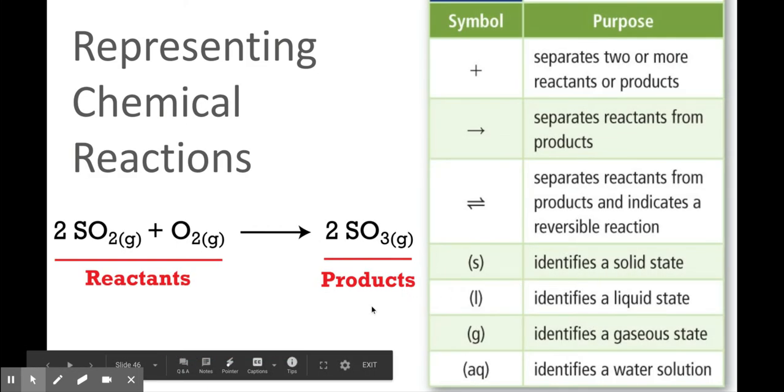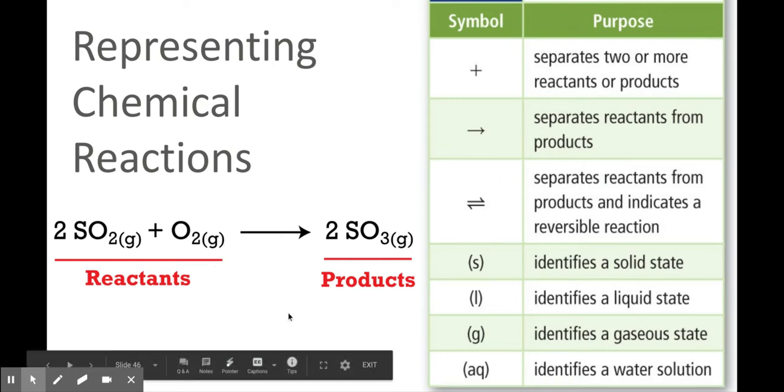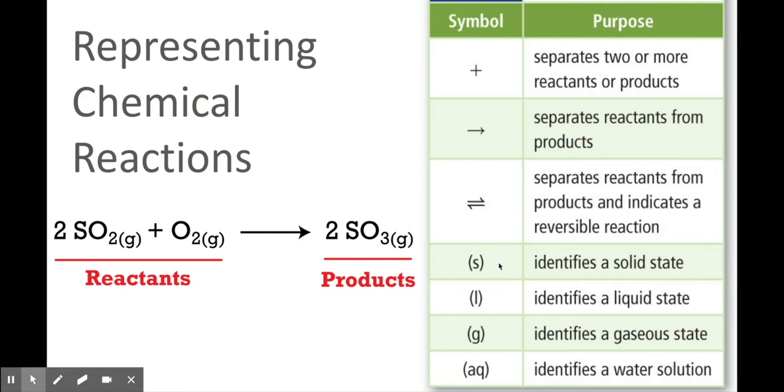Now, some other things to note. You will also see sometimes, not everybody does this and they don't do it all the time, letters written in parentheses as subscripts next to compounds. Like each of these has a G next to it. If you see that, those represent the state that that compound is in. So if you see an S in parentheses, it means that that thing is in a solid state.